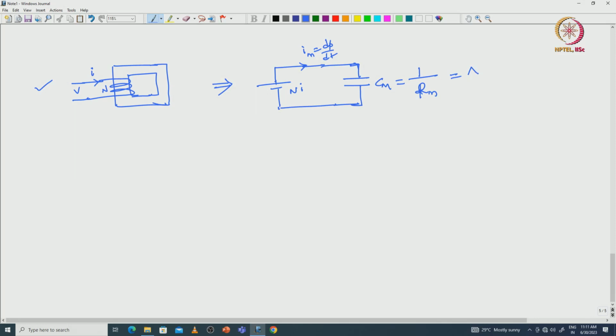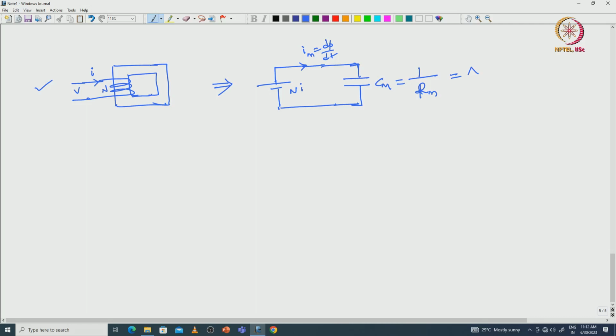A capacitor will store energy with respect to the charge flow. Here d phi by dt, flux, is flowing in a magnetic circuit. Now we will see the value of capacitance or reluctance with respect to the magnetic circuit.